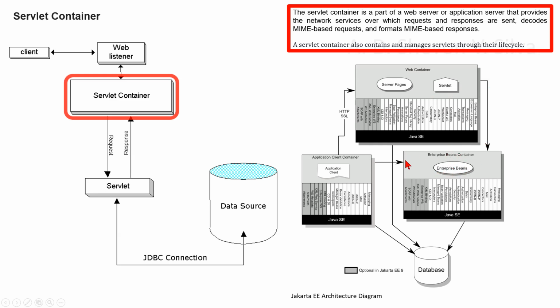Enterprise beans are inside the enterprise beans container. You can see the services there: messaging, transaction, activation, mail, connectors, JSON-P, JSON-B, concurrency, batch, authorization, authentication, security, annotations, persistence, bean validation, managed beans, interceptors, CDI and DI, and you can see the optional services in Jakarta EE here: XML binding, enterprise WS, XML web service, WS metadata, SOAP with attachment, and the application client container is connected to the enterprise beans container too.